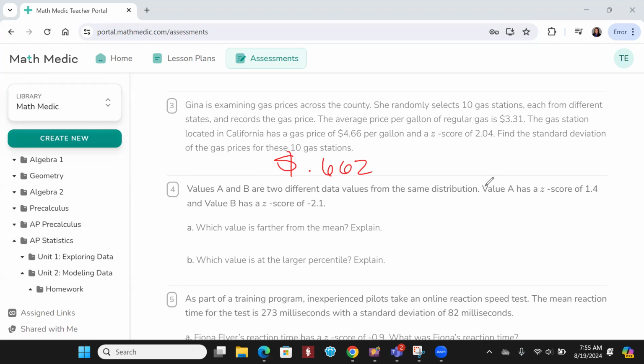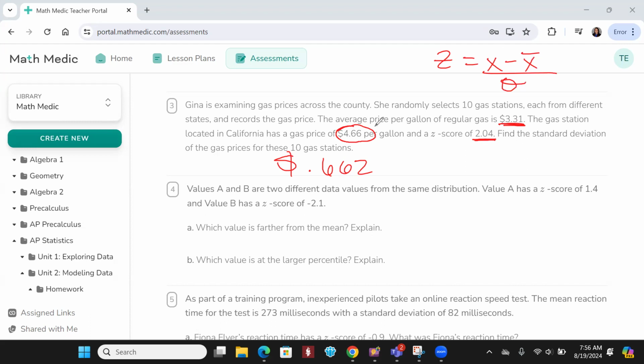Yes. So they tell us that the average price is $3.31, that the z-score is 2.04, and that this is the gas price in California. We know the formula is z equals x minus x bar divided by the standard deviation.